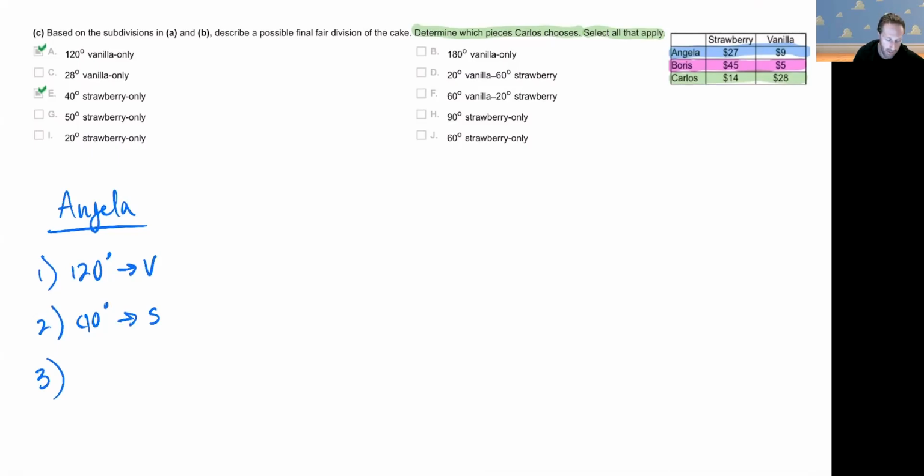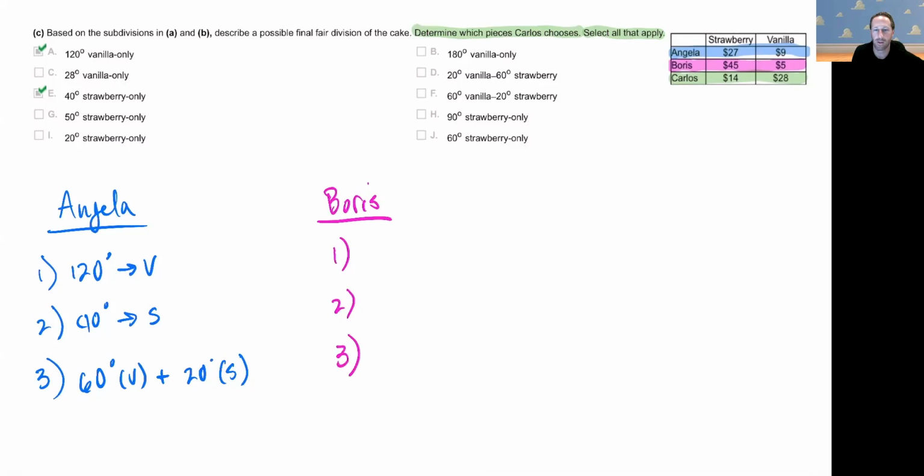And then the remaining pieces would be 60 degrees of vanilla plus 20 degrees of strawberry. And those were her 3. Then there was Boris, who chose at the very beginning the entire strawberry piece, which remember was 120, and we divided that 120 3 equal ways because all he had was strawberry. And so we said that all of his would be 40 degrees of strawberry cake.